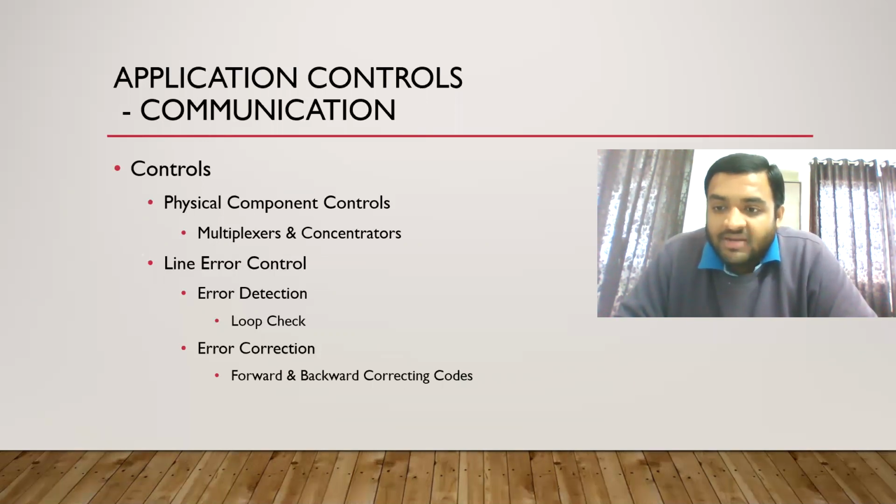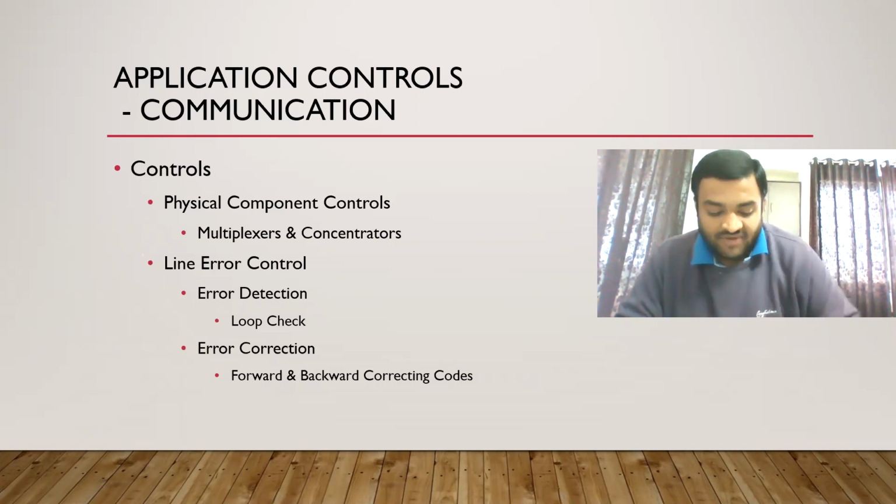Now this line error control we are using at WAN level. What is WAN level? Wide area network level. And the parity bit check, that kind of check we are using within the organization or for a certain function. That is why we had it for data storage controls and not for data communication controls, because for data communication controls we are looking at the wide area network level, and at that level we have line error controls.